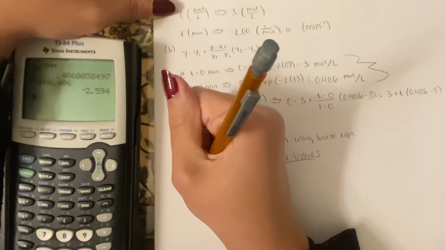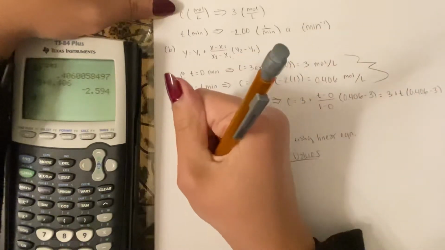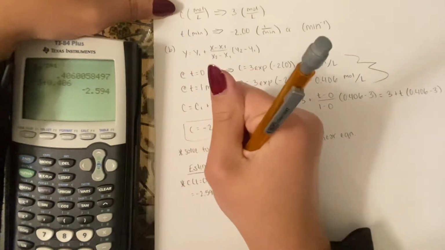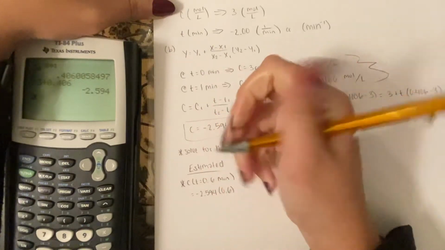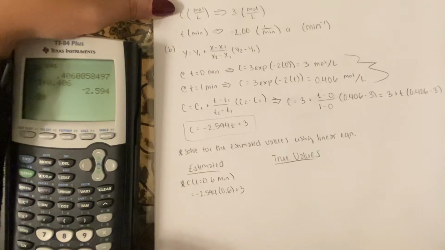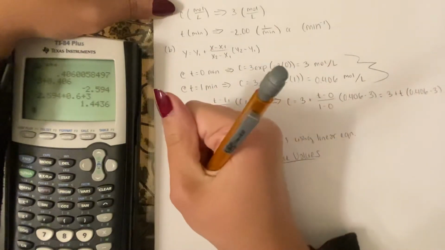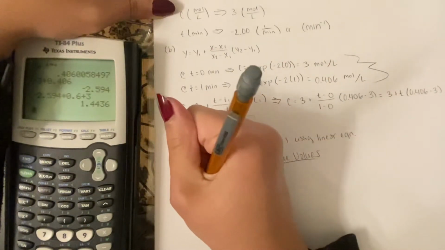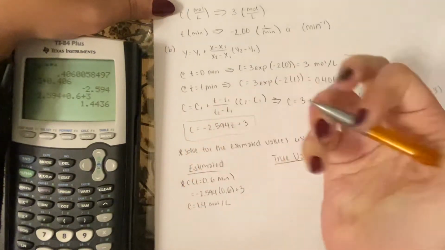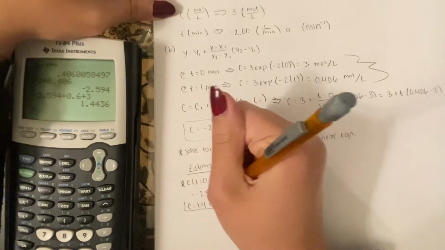So that is going to equal negative 2.594 times 0.6 plus 3. So C is equal to 1.4 moles per liter at T equals 0.6 minutes.